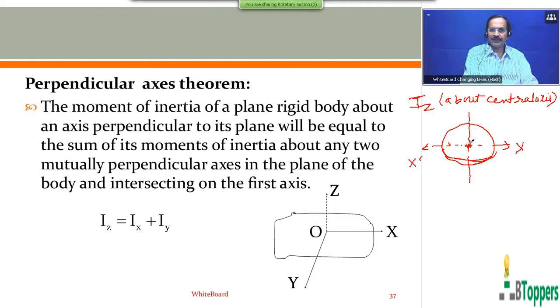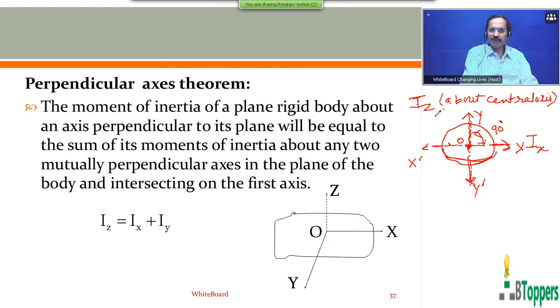So X dash X represents an axis which lies in the plane of the disc, coinciding with one of the diameters of the disc. Y dash Y represents another axis which also lies in the plane of the disc and which coincides with another diameter of the disc, and the axis OY is perpendicular to the axis OX.